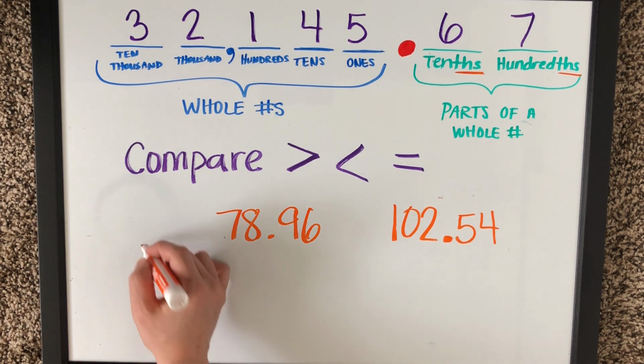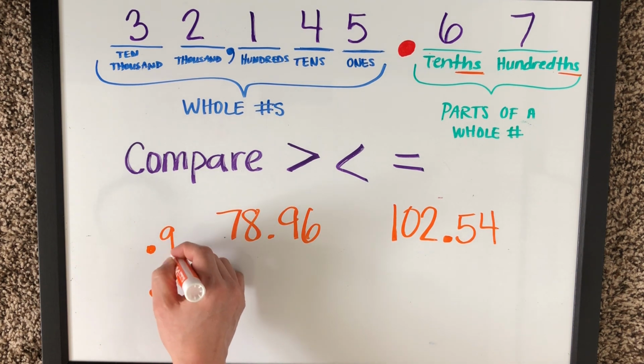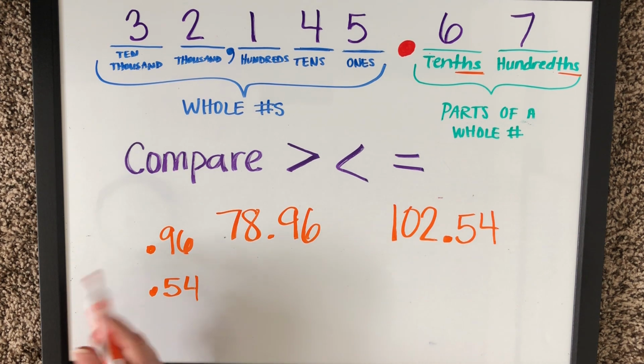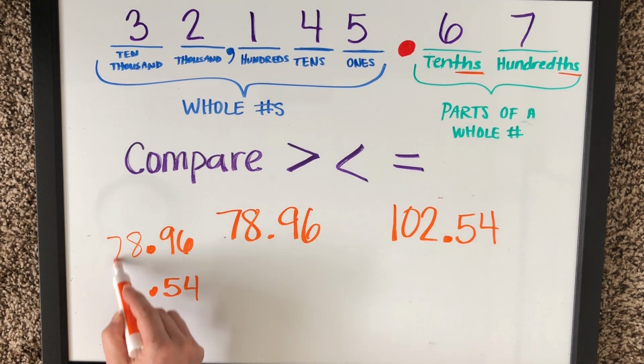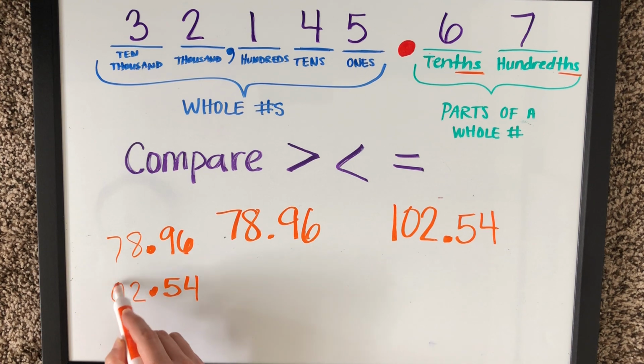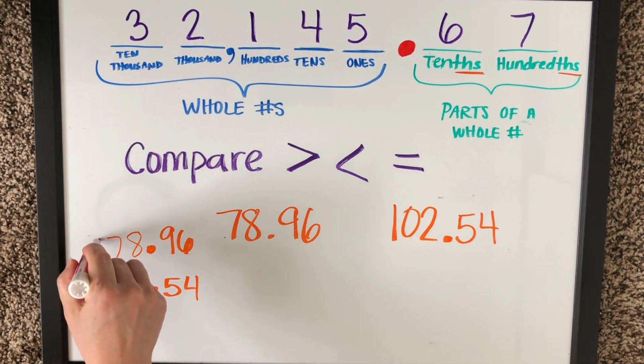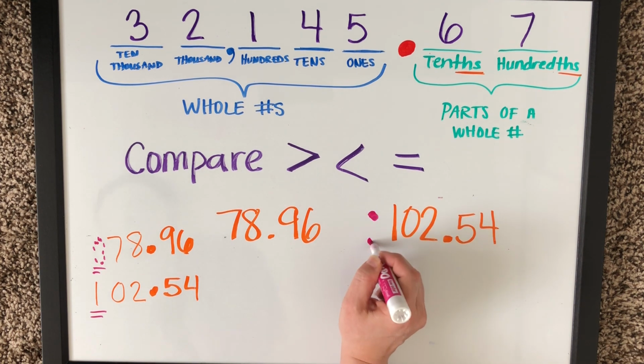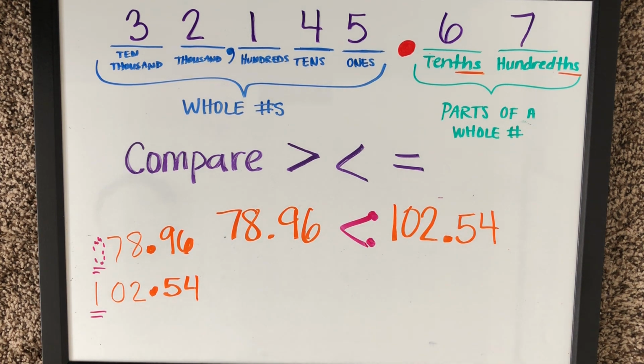I am still going to stack those with the decimal point, starting with my parts of a whole. 8, 7, 2, 0, 1. I know that just because there's nothing here, I can put a 0 there. So my hundreds, I know that 100 is greater than 0 hundreds, so my 2 dots will point to that number.